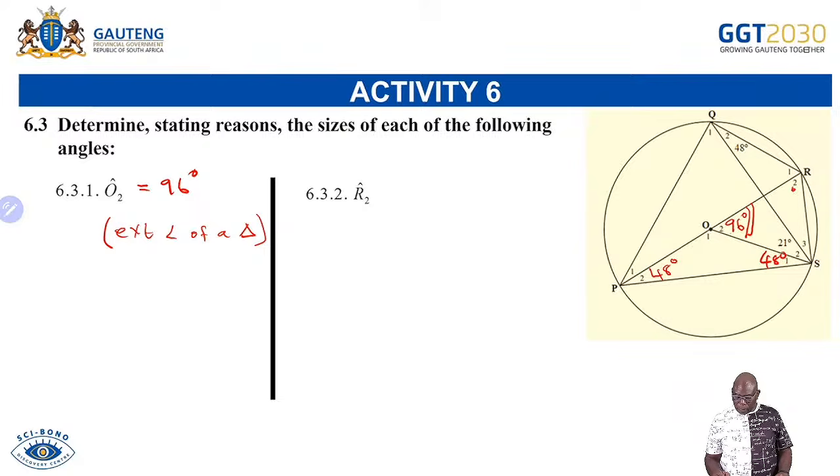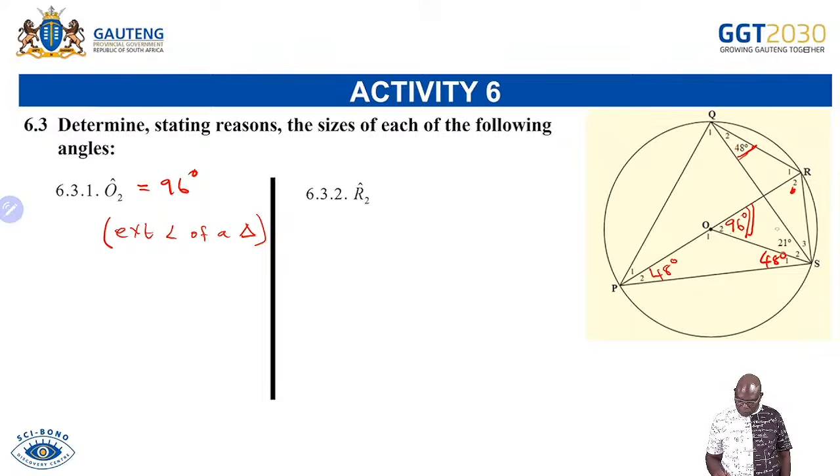R2, so I need R2. How am I going to get R2? I know that Q2 is 48. So S3, how much will S3 be?